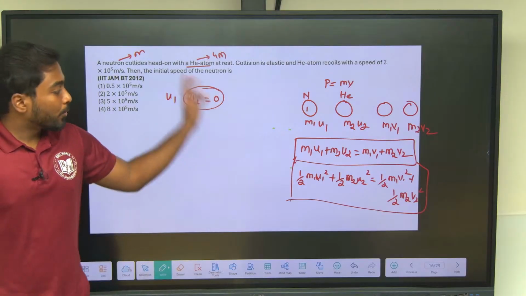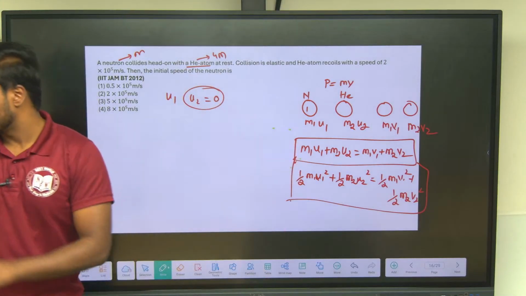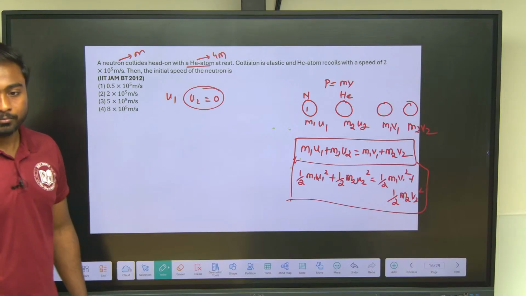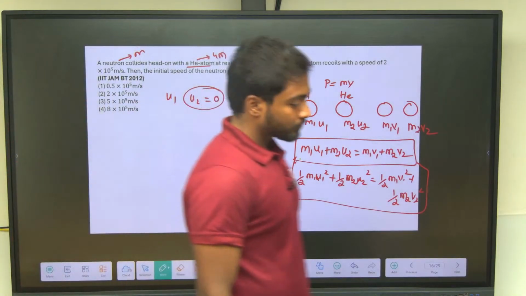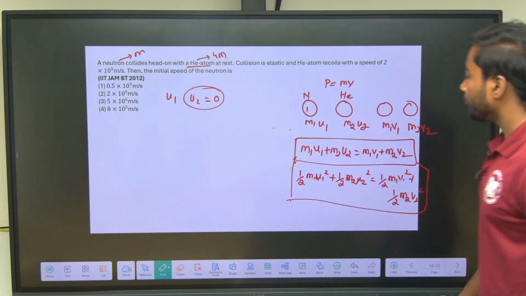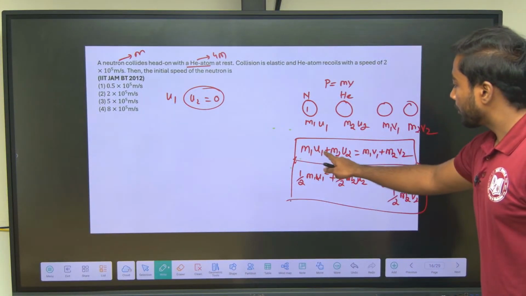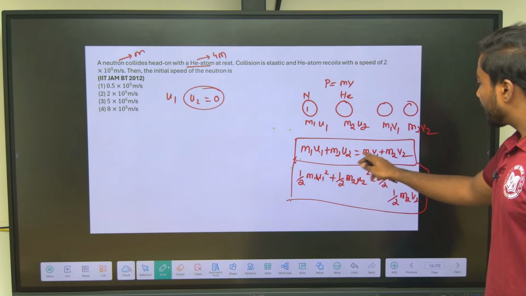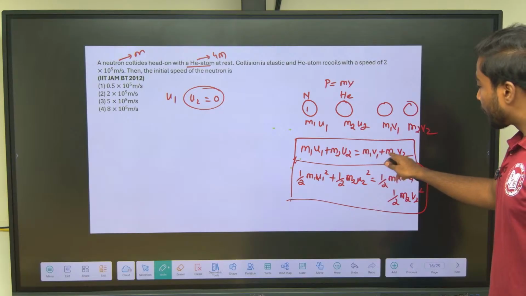Write the relation now. You can use this in both the equations. m1 u1 plus m2 u2 is 0. Conservation of momentum: m1 u1 plus 4m times 0 will be equal to m v1 plus 4m v2.